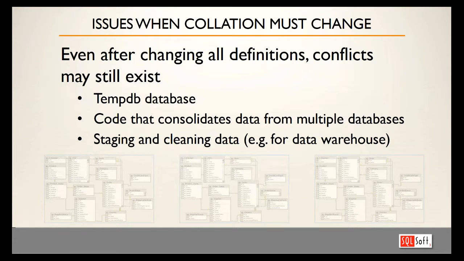You may also run into this problem if you have code that consolidates data from multiple databases. You have a funneling effect of taking data from many different places and putting it into one place. For example, if you are staging data and cleaning it prior to putting it into a data warehouse, what is your cleaning process going to be?